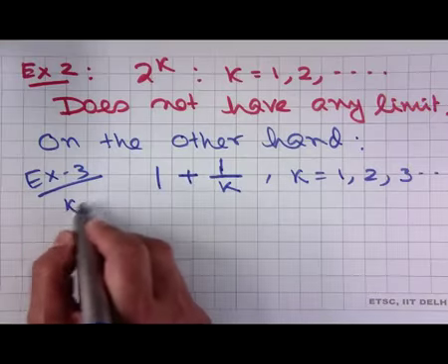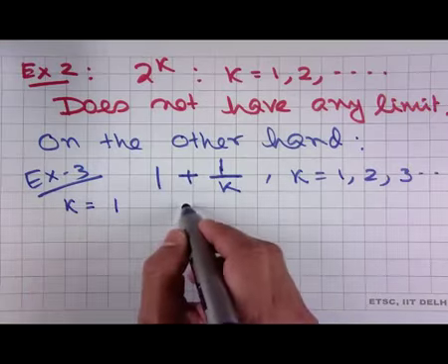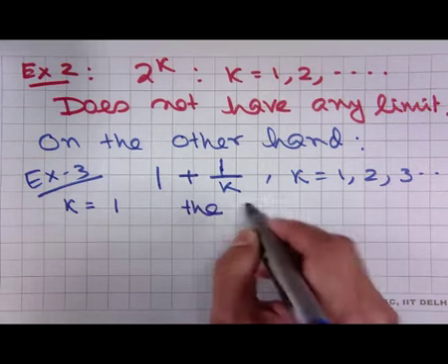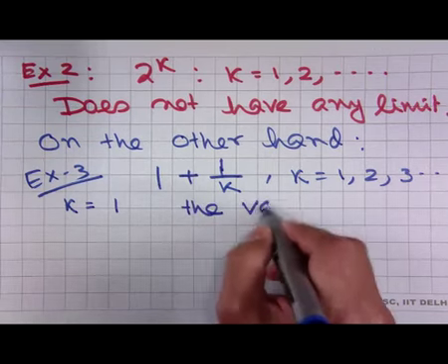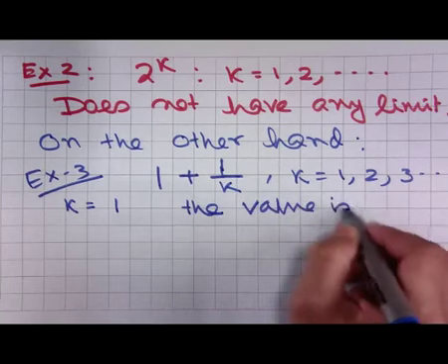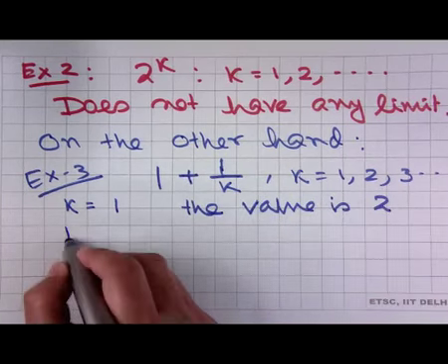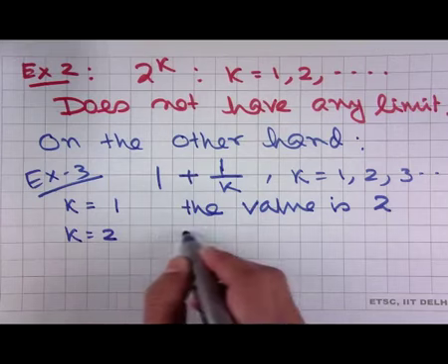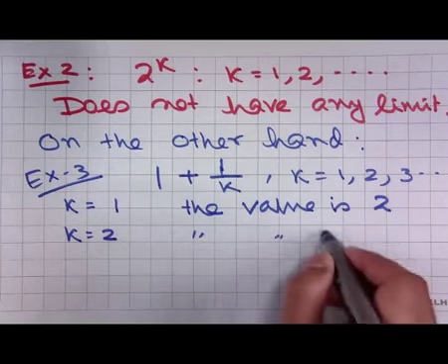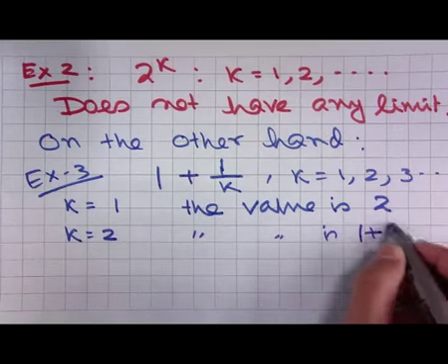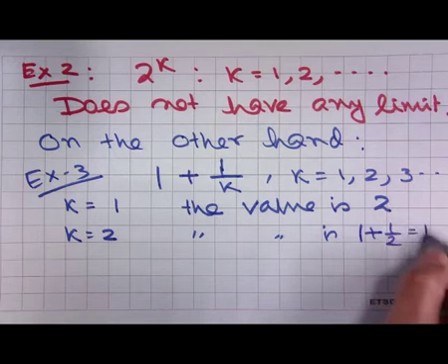At k equal to 1, the value is 2. K equal to 2, 1 plus half is equal to 1.5.